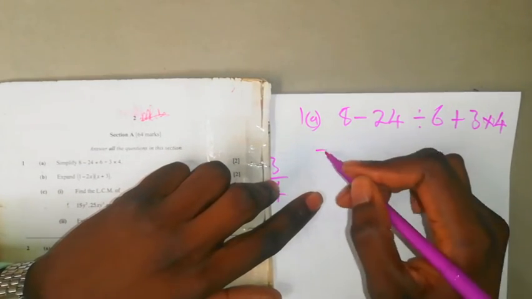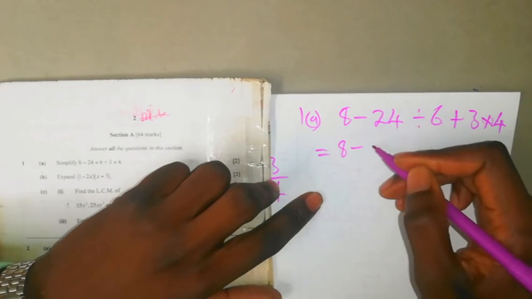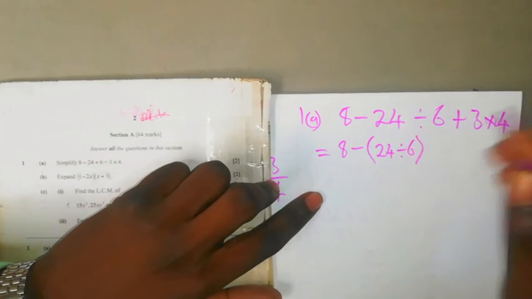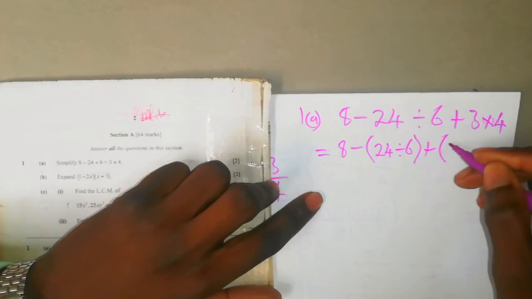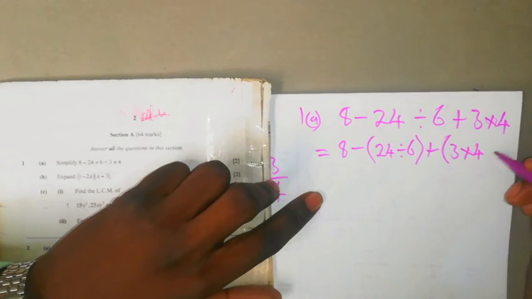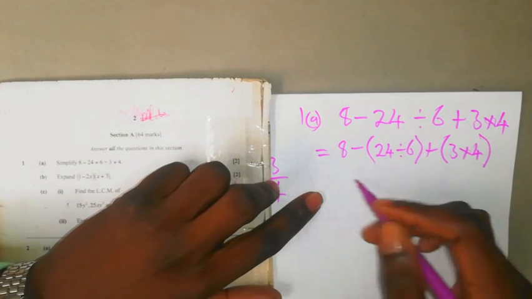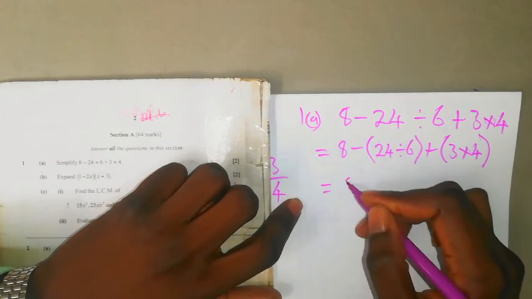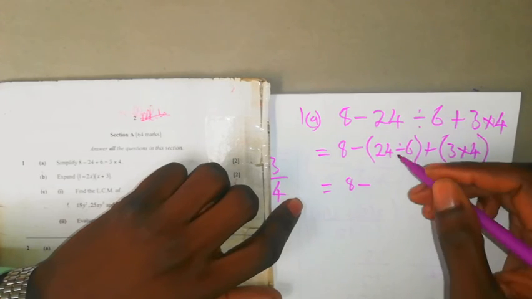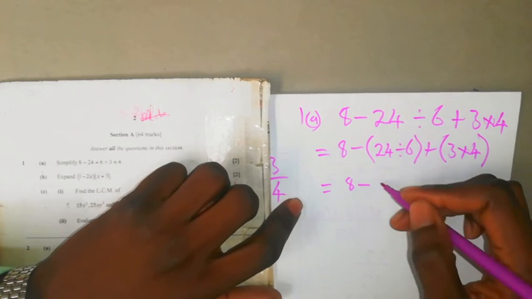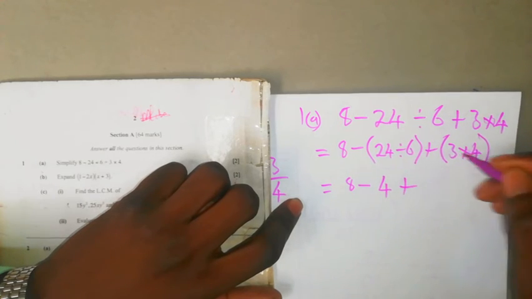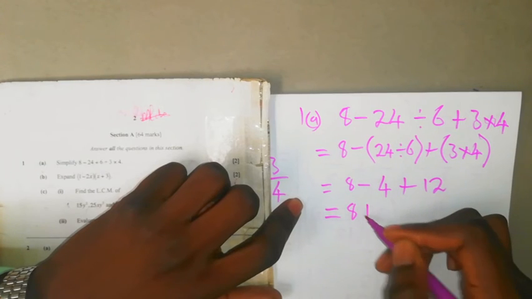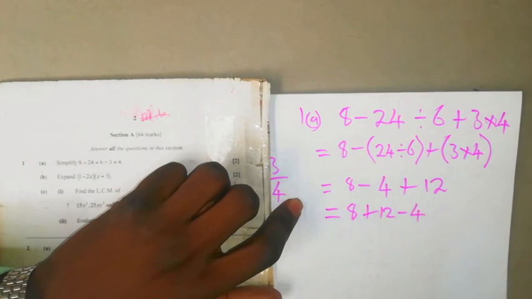So it's equal to 8 minus bracket 24 divided by 6 plus bracket 3 times 4. Then I'm going to deal with what's inside the brackets first. So it's equal to 8 minus 24 divided by 6, that's 4, plus 3 times 4, that's 12. Then I'll rearrange. It's equal to 8 plus 12 minus 4.